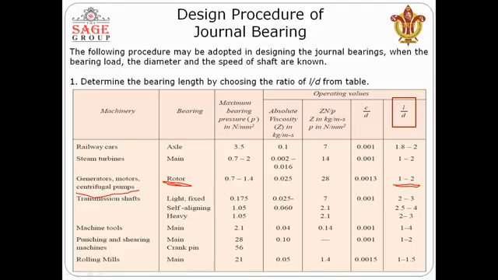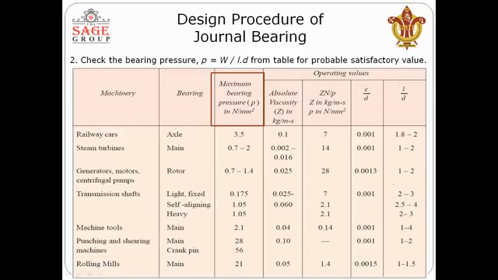Now let's go further. In the second point, we have to check the bearing pressure P equal to W upon L into D from the table for the probable satisfactory value. Here we have selected the centrifugal pump rotor bearing earlier.